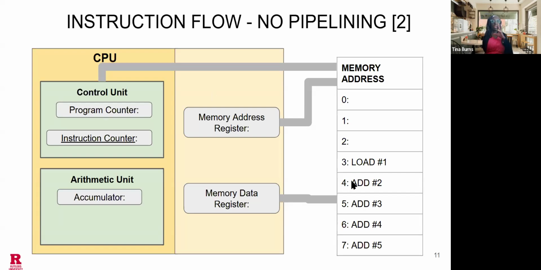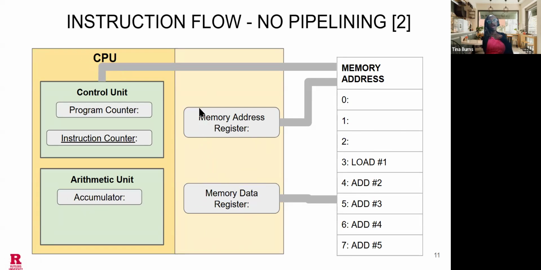So this is like pseudocode. This is not exactly what we're looking at, but we're just going to consider this as pseudocode for our assembly language. And this structure, this diagram, is all based on a von Neumann model design. All right, I have my CPU.